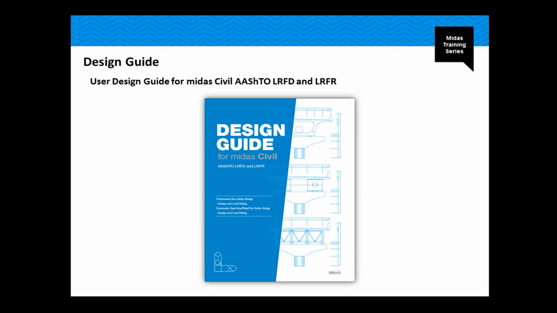So here in this design guide, you can see all the equations and all the considerations that are used in the program to perform the load rating for prestressed concrete and for steel bridges. It is available for all of our users, and there you can check the AASHTO clauses, the equations used, the considerations, and the definition of each one of the parameters that the program used to perform the rating.